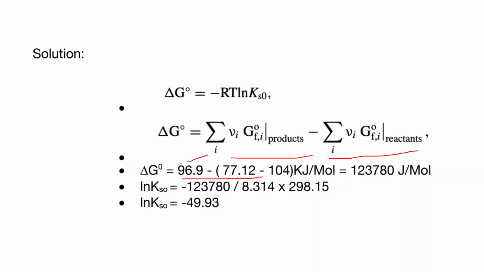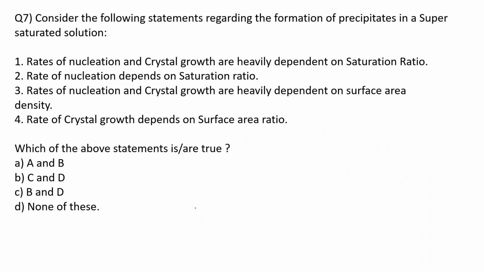So very easily we can find out ln Ks naught by dividing by RT, and the ln Ks naught we will get will be this. So this is your KSP value.